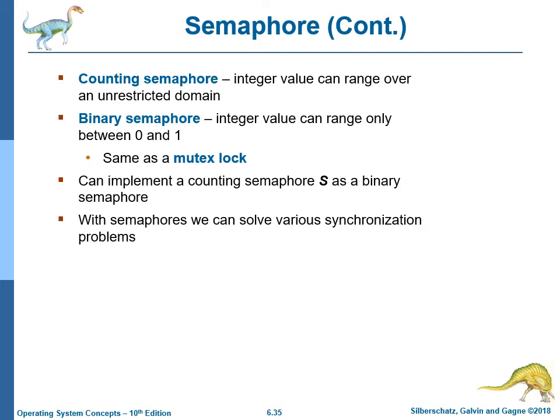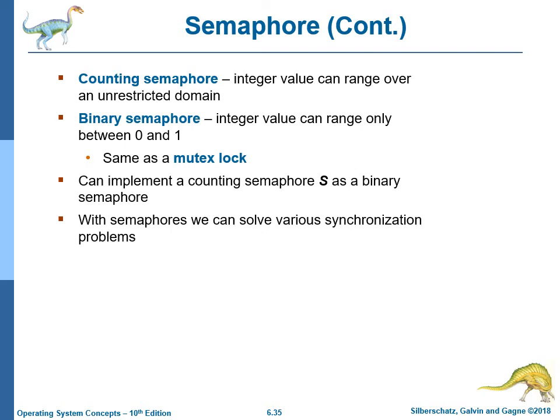Okay, so operating system oftenly distinguish antara counting and binary semaphore. Macam mana operating system boleh bezakan yang mana counting and binary semaphore. The value of the counting semaphore can range over an unrestricted domain, they can be any numbers.